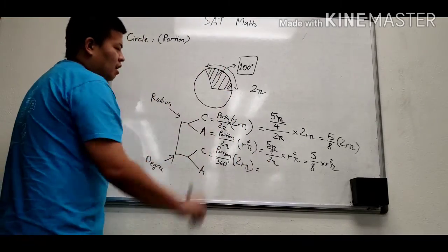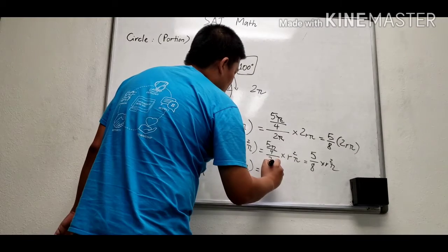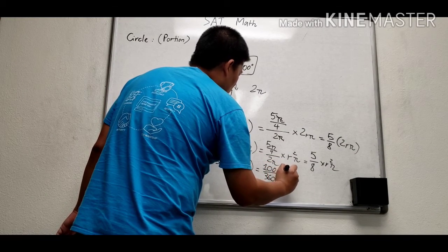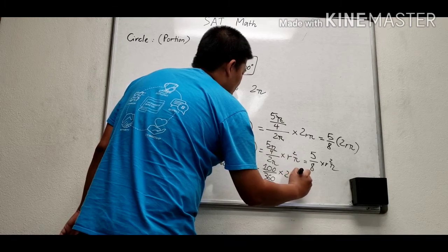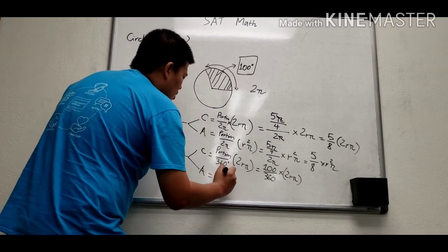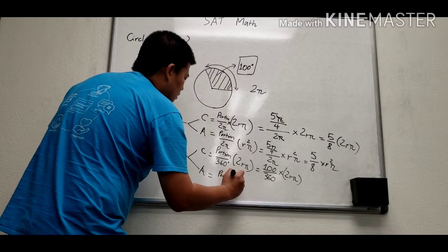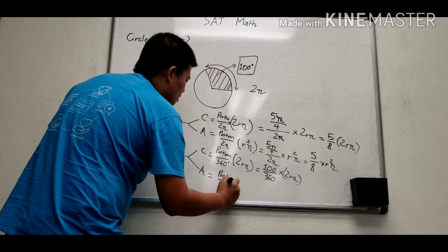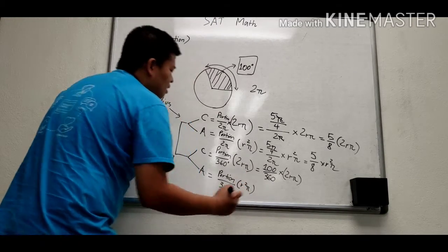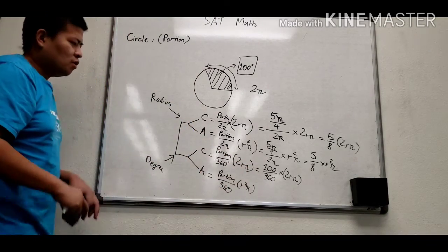The portion here, 100 degrees, divided by 360, multiplied with 2r pi. And in the area we have the portion divided by 360, multiplied with r squared pi, similar to the circumference.